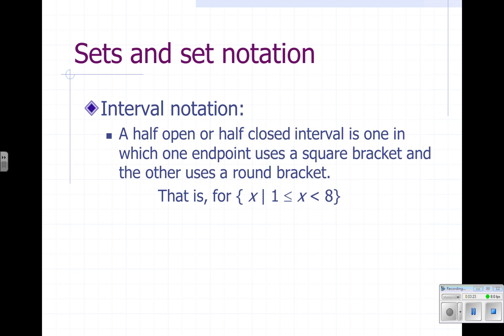We can have a half-open interval in which one side includes a hard bracket and the other side includes the rounded bracket. For example, the set that includes 1 but not 8 at the endpoint, for all x in between, would be indicated this way.